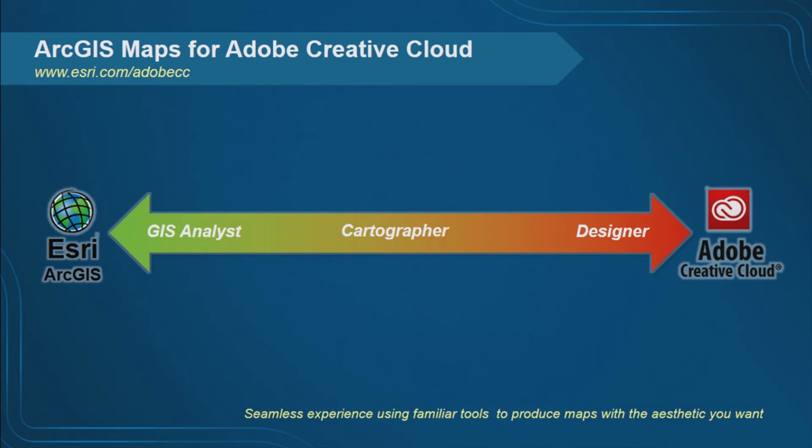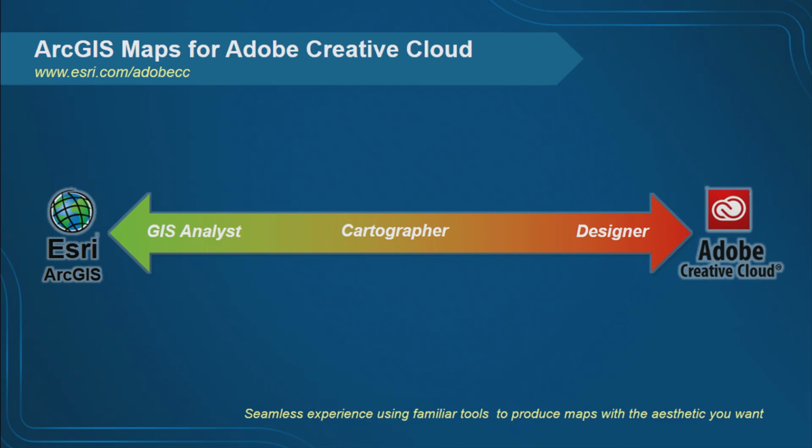So this is conceptually how we think about the world a little bit. On the far left we've got ArcGIS, and that's where all the powerful spatial analytics happens, obviously, and we've got a lot of great cartography tools over there. On the far right we've got Adobe, and that's their thing, design and presentation quality graphics.